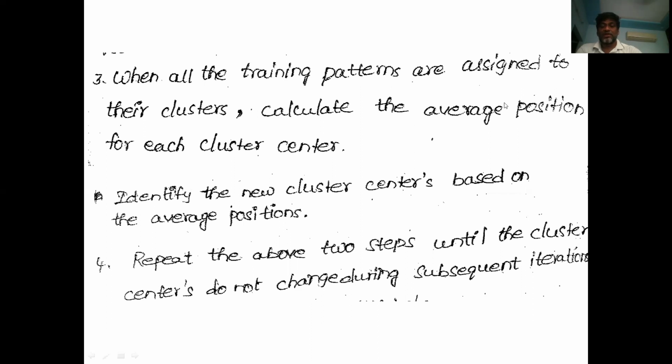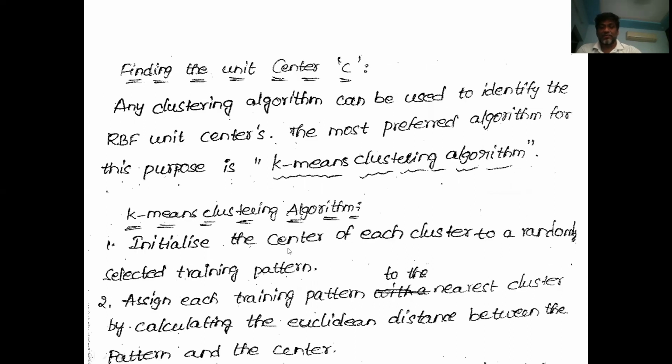So what is happening in this algorithm is we started with a random pattern as the cluster center, and then we calculated the Euclidean distance between every pattern and the corresponding cluster center that was identified randomly, and based on the distance we grouped them into several clusters.